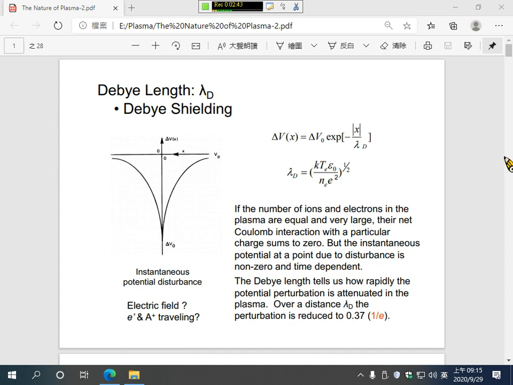Close to the electron or the ions in this very small region, we can find the potential in the space is distributed this way. If this is an electron, compared to the uniform plasma potential, this place will build up a negative potential profile.